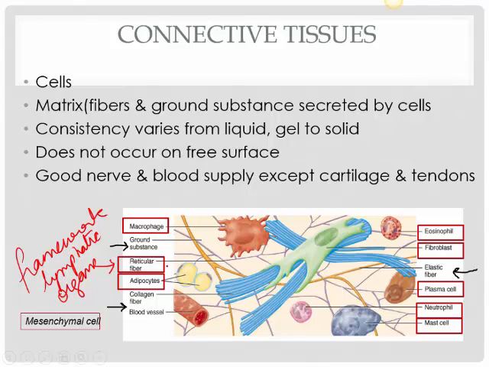So that was ground substance and fibers. Let's see the various cells that we see. The predominant type of cell that you see in connective tissue is called a fibroblast. That's the one which gives rise to the fibers and the ground substance. Fibroblast. It's kind of star-shaped.